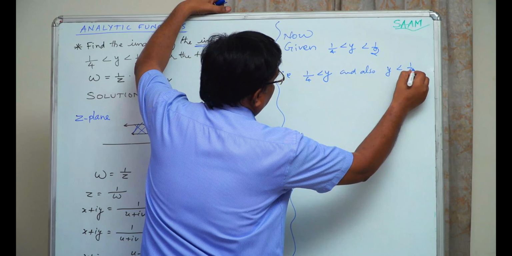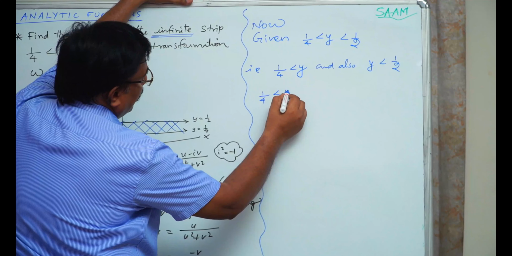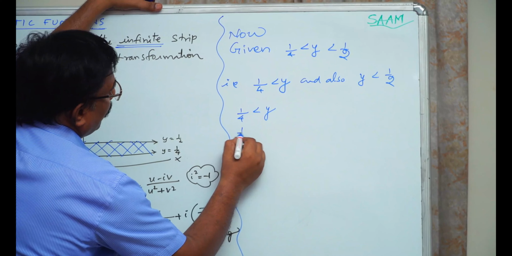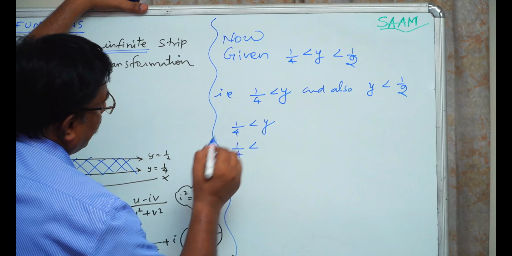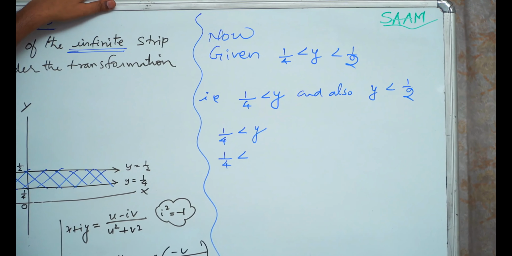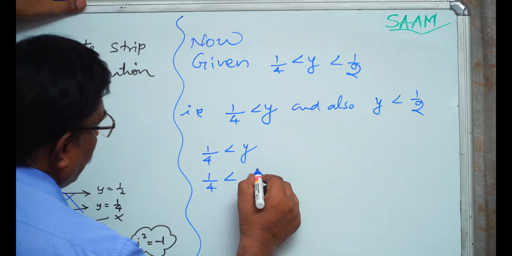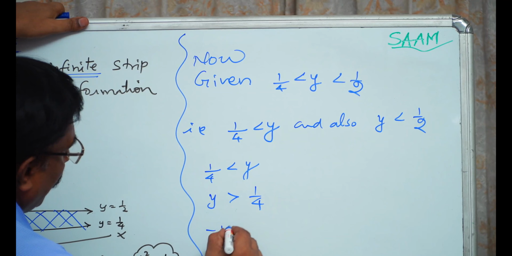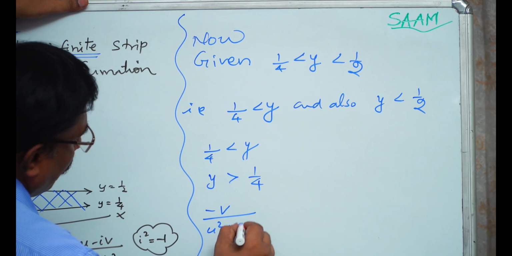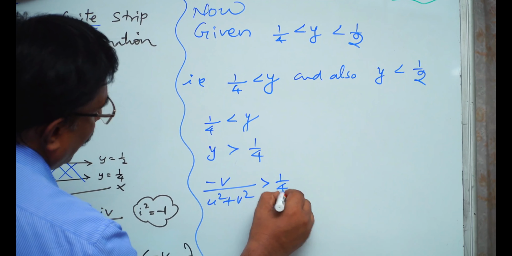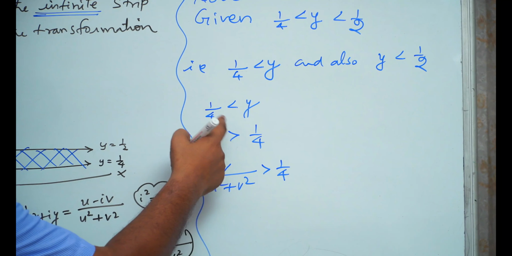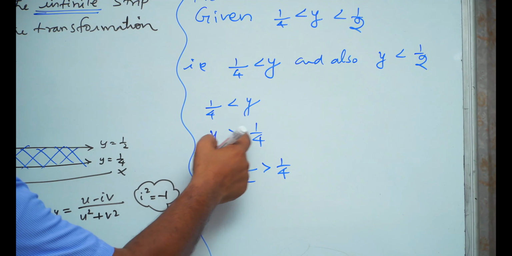I can take this part first: 1/4 < y, that is y > 1/4.